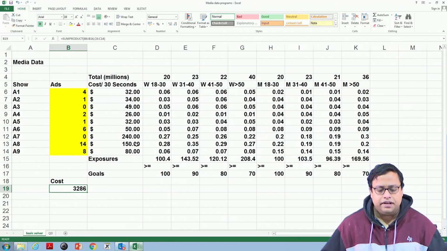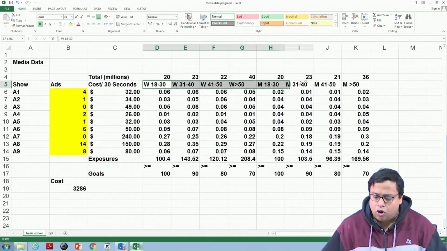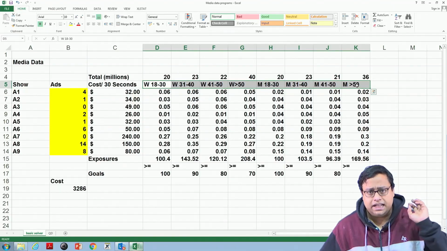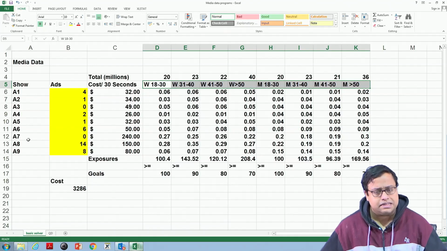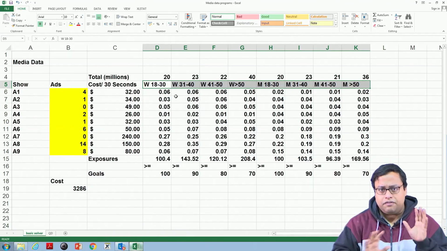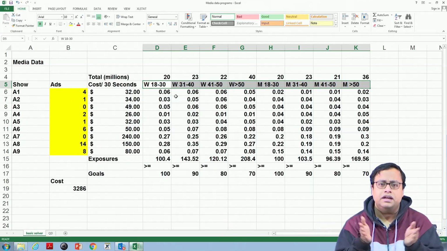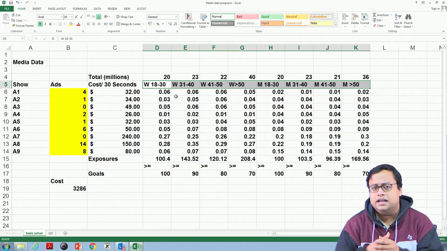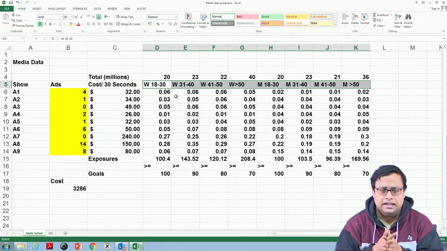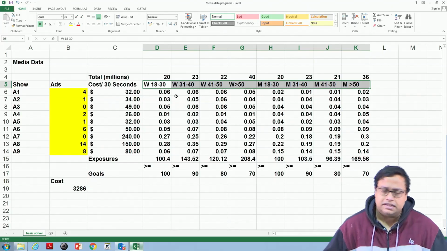Now, what else is given? For every program, you know the demographic profile of all the observers of that particular channel. Let us say these are various programs in one single channel. If you have more complex data where you have profiles for different channels, then this same problem can be a little more difficult and we can deal with it in R rather than Excel. But right now I am giving you a simple problem and a simple solution.